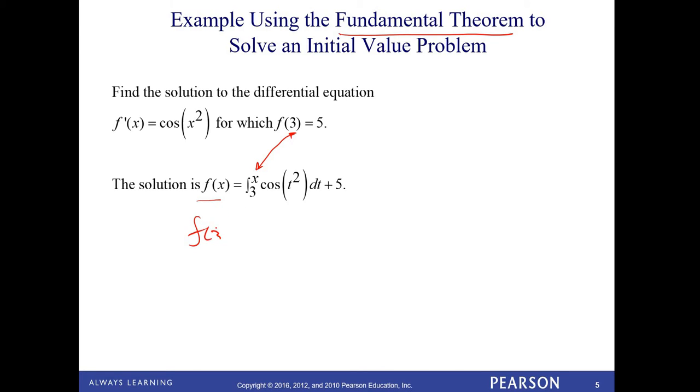So in other words, f of 3 would be the integral from 3 to 3 of cos t squared dt plus 5. This all is 0, so we do have our initial condition of f of 3 equals 5.